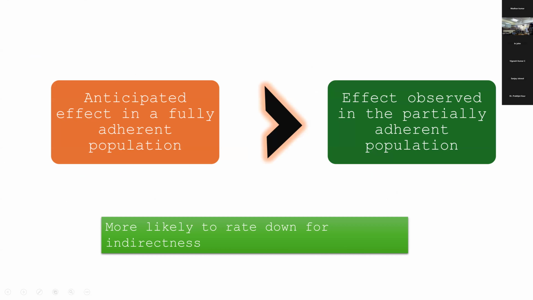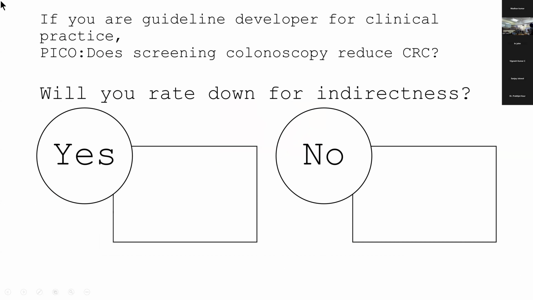Okay, so if you feel that the effect in a fully adherent population would be much, much more than what you got in a partially adherent population, you have to rate it down for indirectness. So if you're a guideline developer and you're developing clinical practice guidelines, would you recommend screening colonoscopy using this particular study? Will you rate down for indirectness? Yes, because there was a lot of non-adherence.